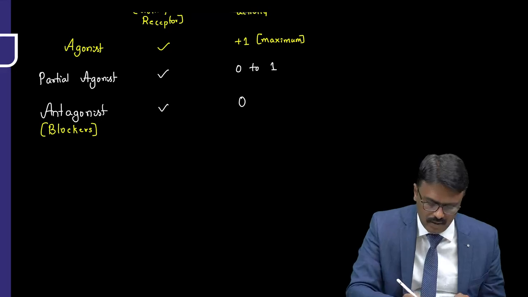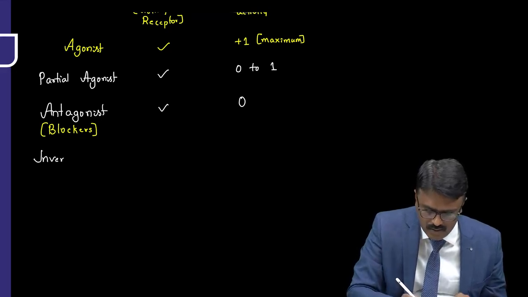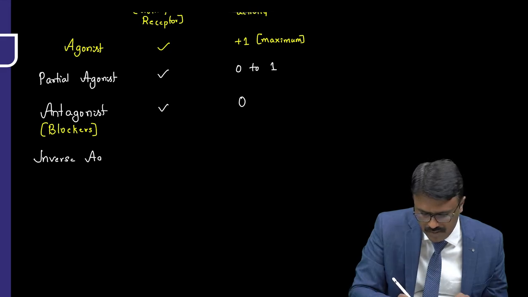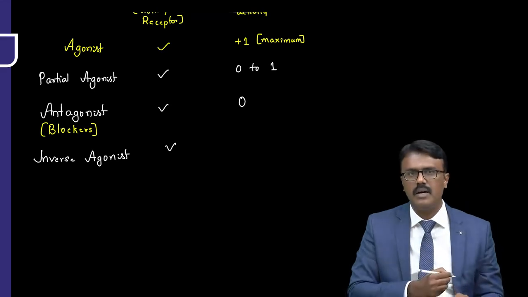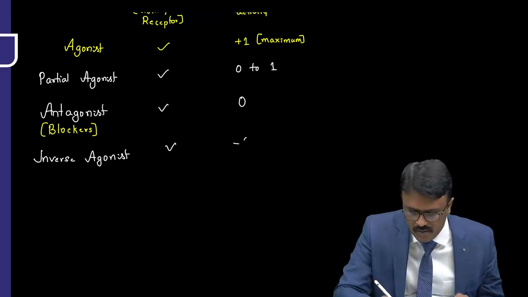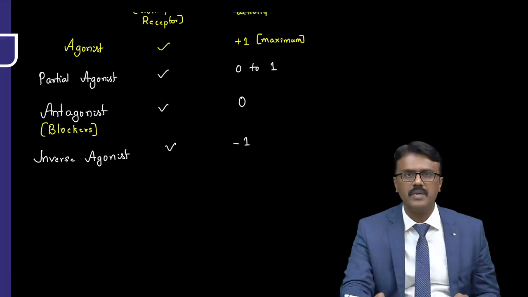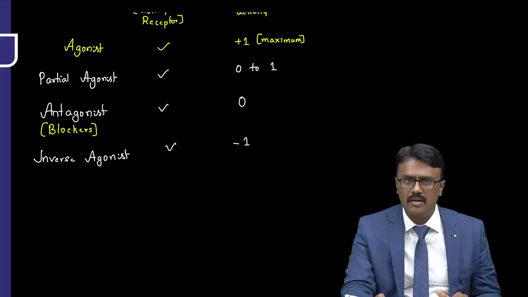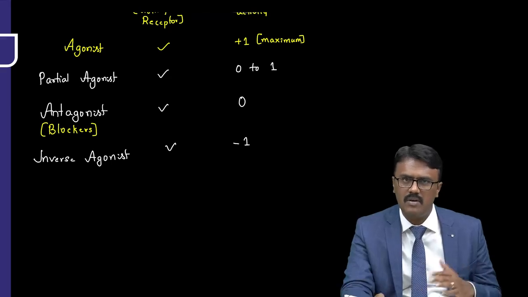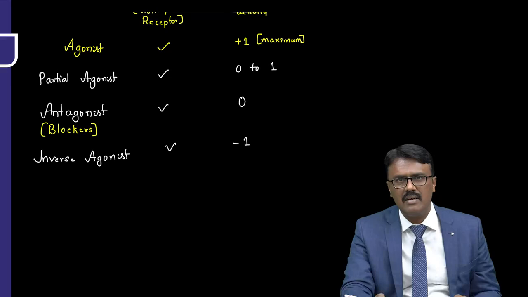Then we have another concept called inverse agonist. Inverse agonists also have the affinity, but their response is -1. Sir, what do you mean by -1? Will it not produce a response, or will the response be decreased?